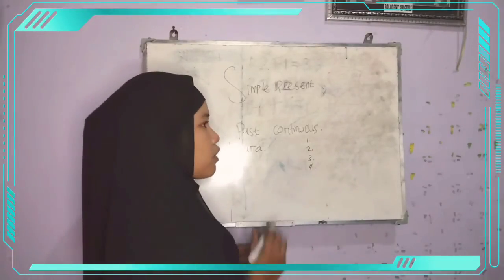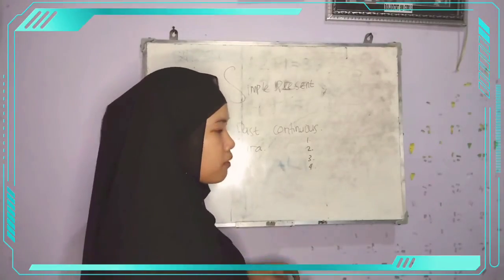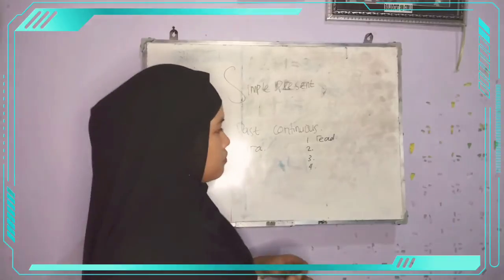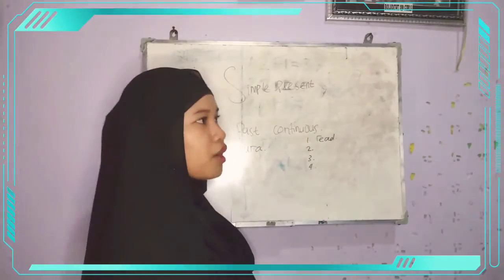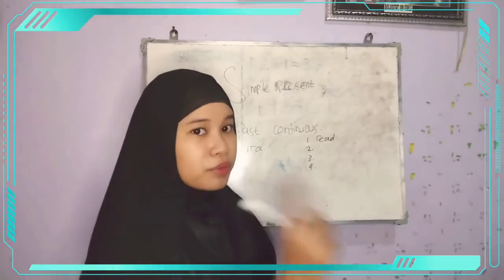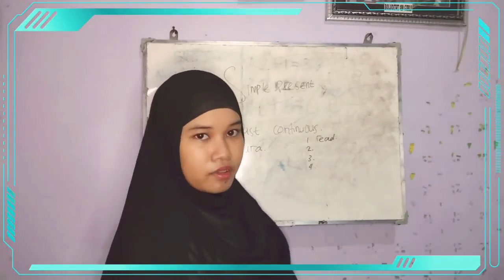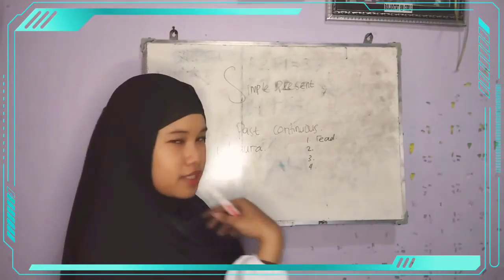For the first, what verb will you use? Read. You explain what is simple present and you give only one example about simple present using the verb read. Alright? Okay. What is simple present?